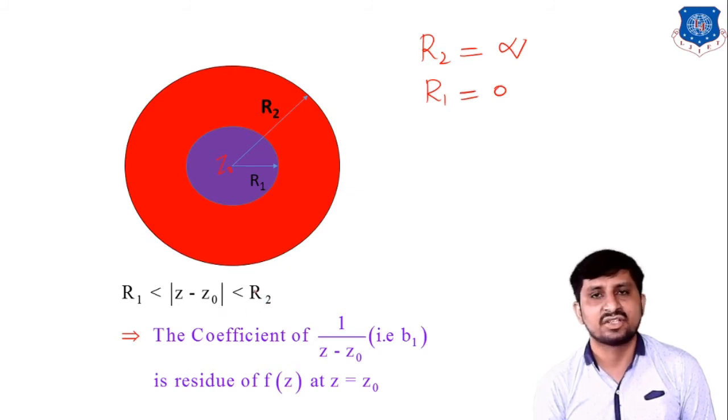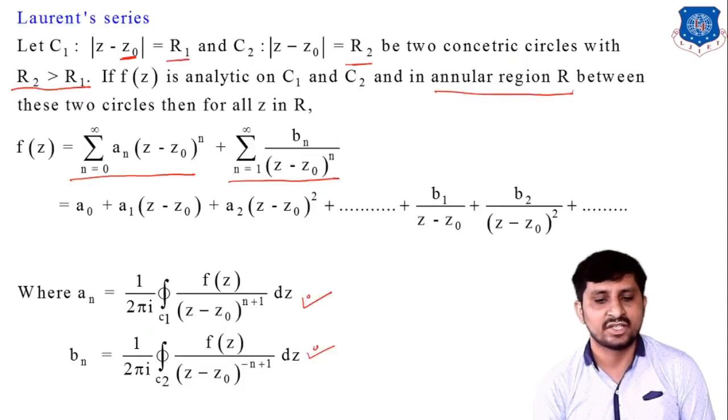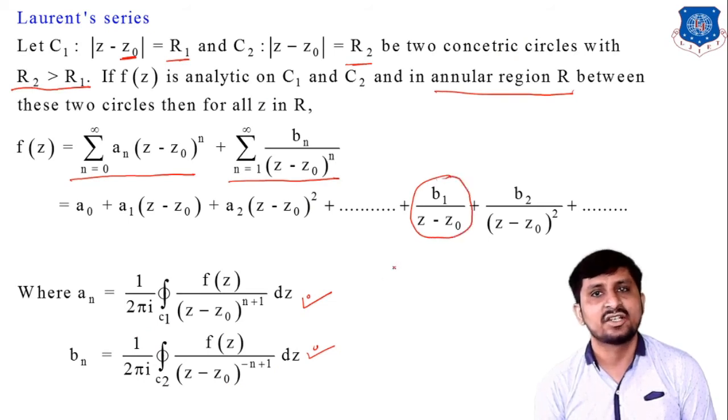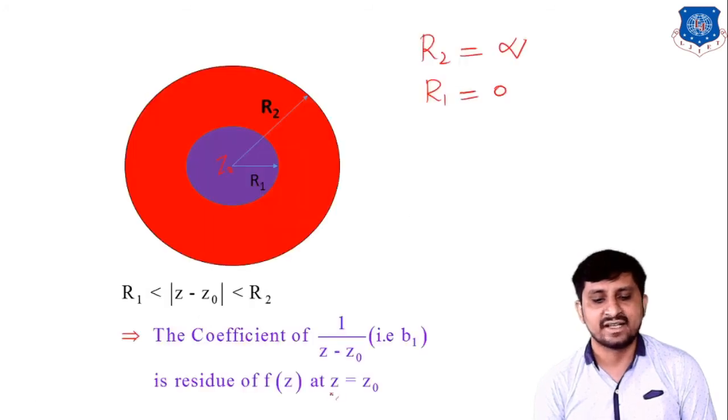So this is the equation for the annular region, and here is an important definition for residue, just try to keep in mind. The coefficient of 1 upon z minus z0: what is the coefficient of 1 upon z minus z0 from this term? That is b1, and b1 is exactly the residue of f of z at the point z equal to z0.